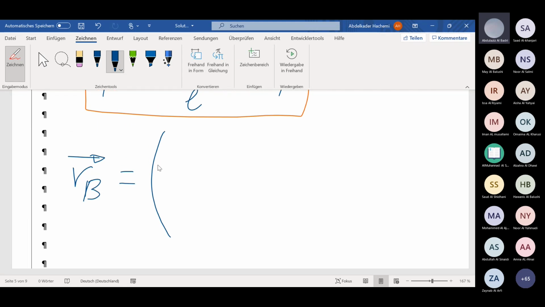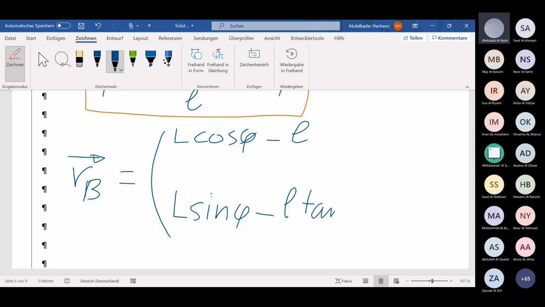Then we get L cosine phi minus l, and along Y direction L sine phi minus l tangent phi.